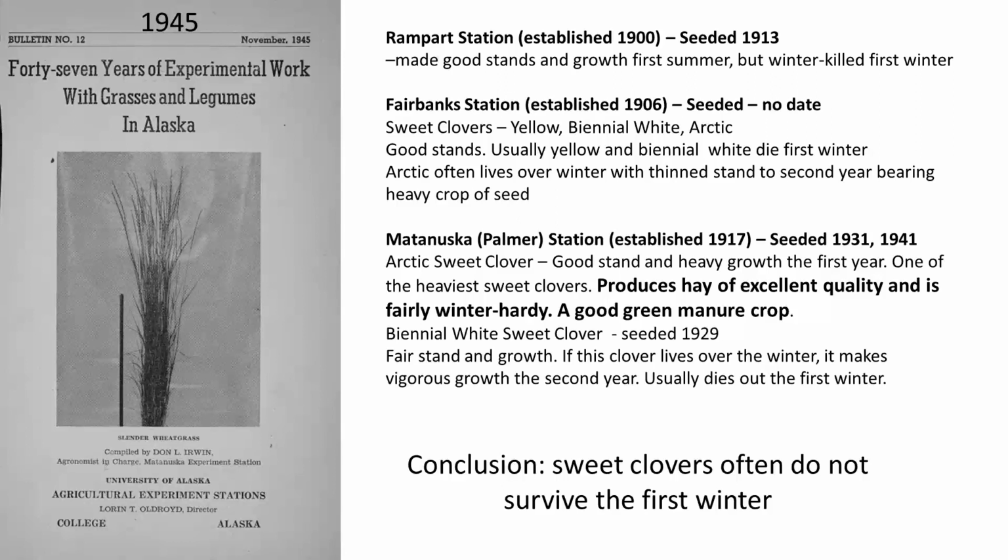Then the long-standing station, continuous to this day, was in Palmer, and they were also practicing with sweet clover. This was something I learned while putting this together, because I've always known of sweet clover being used as a green manure crop. What they mean by that is, as sweet clover grows, it gathers nitrogen into its body.